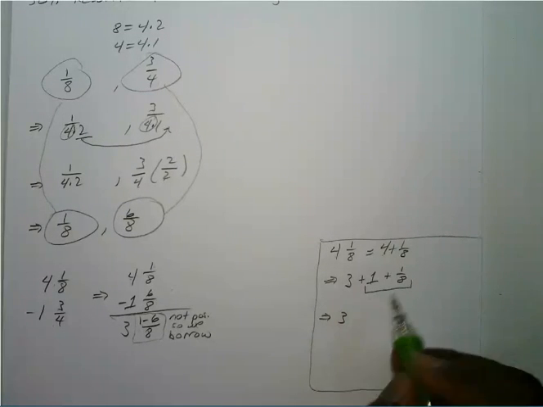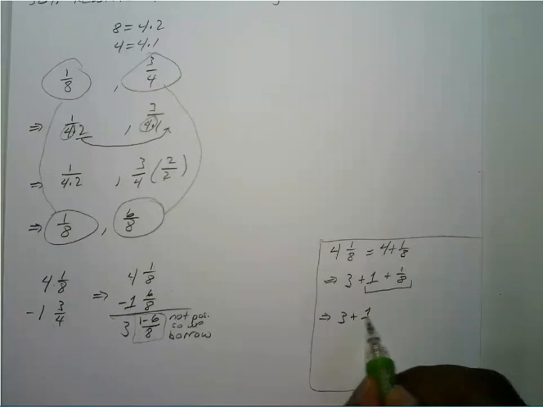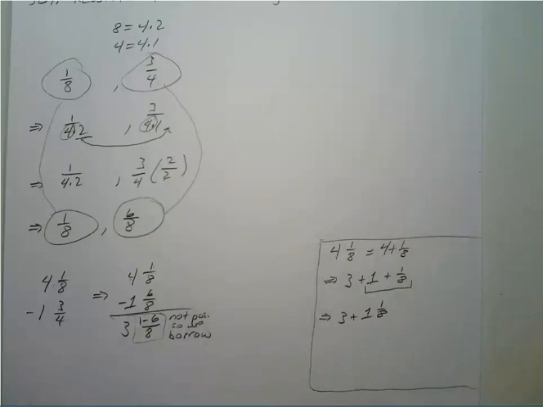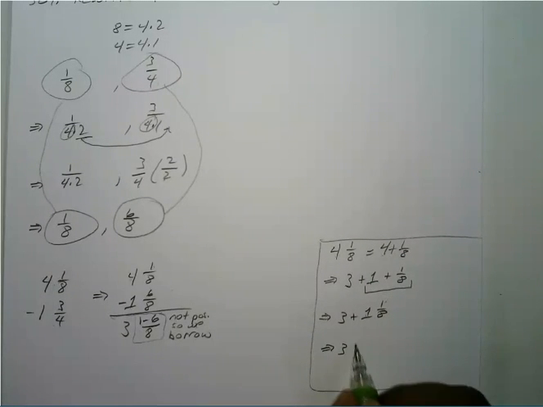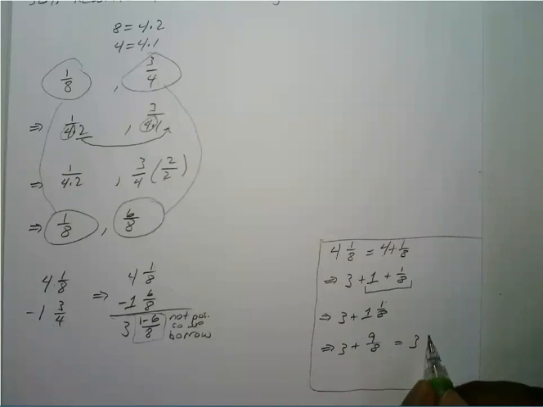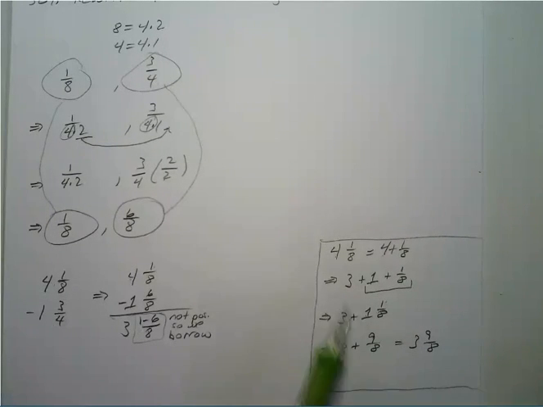So that's 3 plus 1 and 1/8. And 1 and 1/8, 8 times 1 is 8, plus 1 is 9. So that's 3 plus 9 over 8, which is 3 and 9/8. So 4 and 1/8 is equal to 3 and 9/8.